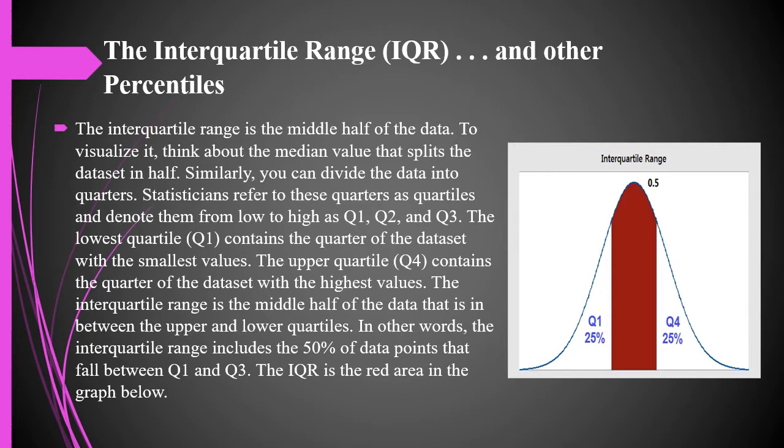The upper quartile, Q4, contains the quarter of the dataset with the highest values. The interquartile range is the middle half of the dataset, in between the upper and the lower quartiles. In other words, the interquartile range includes the 50% of data points that fall between Q1 and Q3. The IQR is the red area in the graph below.